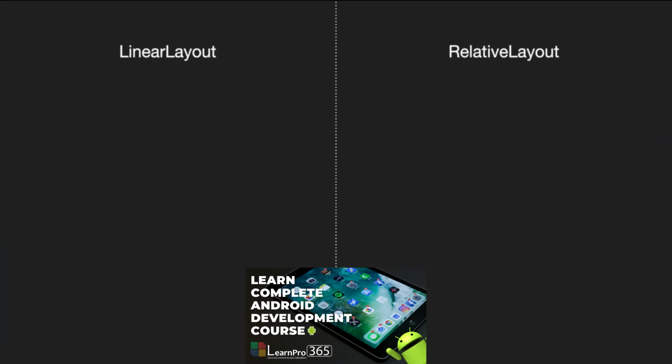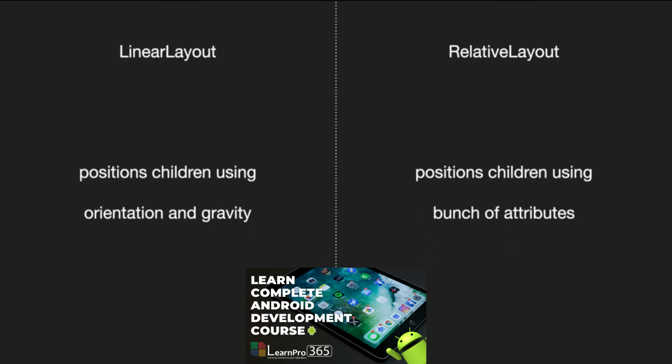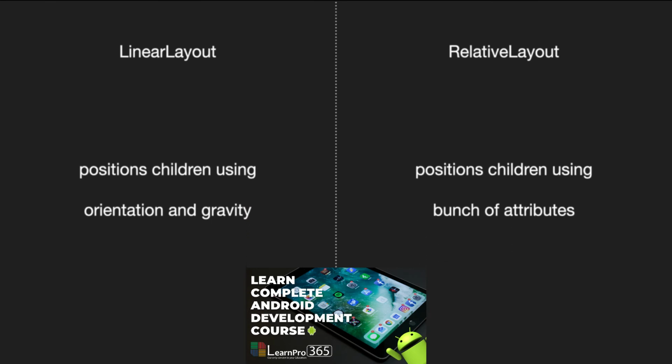In linear layout, we use orientation and gravity to position children. But in relative layout, we have a bunch of attributes to control the position of the children. And children can align themselves relative to parent and relative to other children.